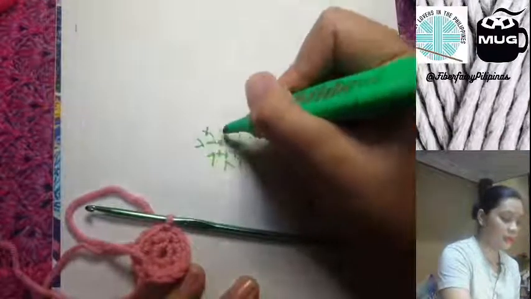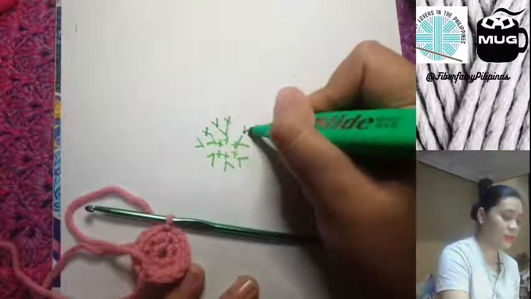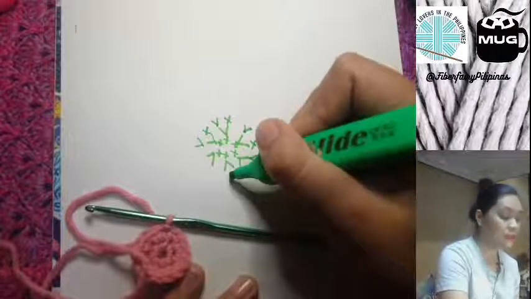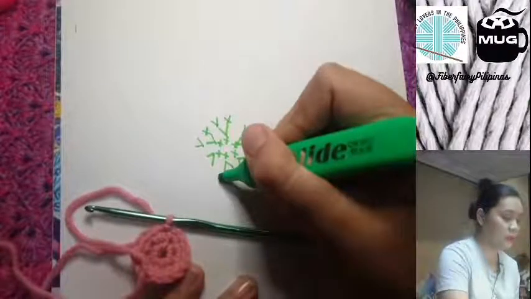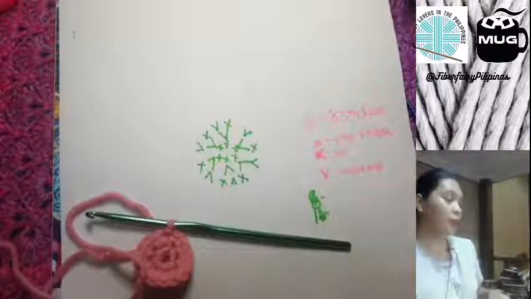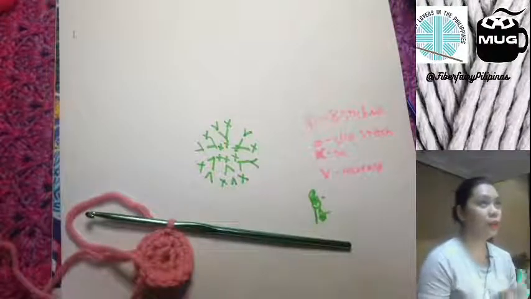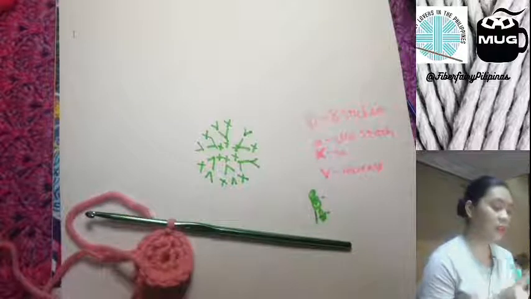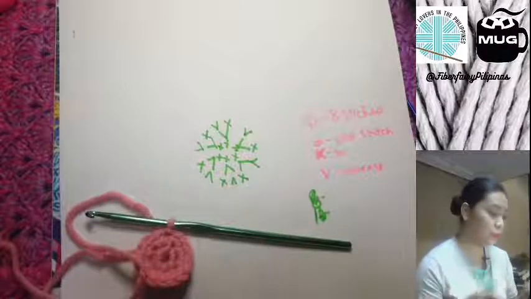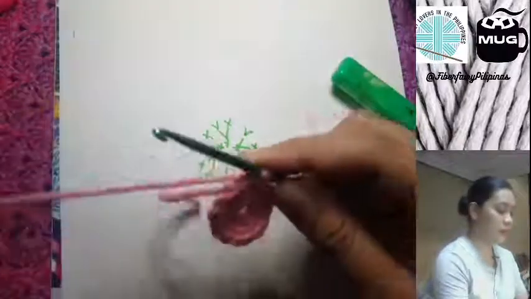Increase, 1 stitch. Increase, 1 stitch. So, alternate yung increase and 1 stitch. Okay? Laging ganon. So, ang mangyari is 2 and 1. So, madadagdagan na naman ng isa pa yung inyong stitches. So, laging ganon yung mangyari.